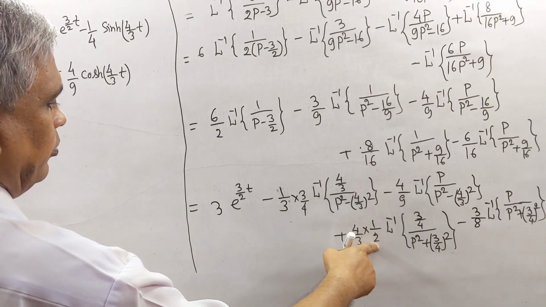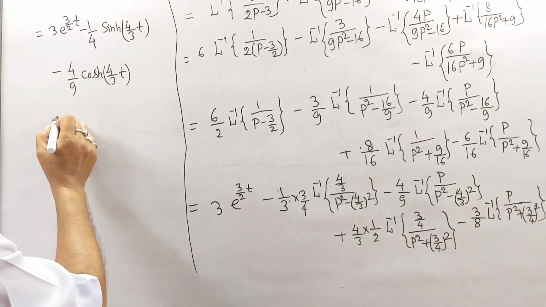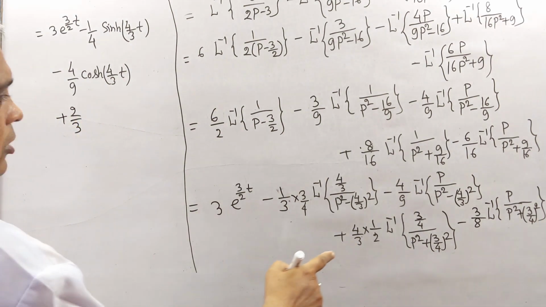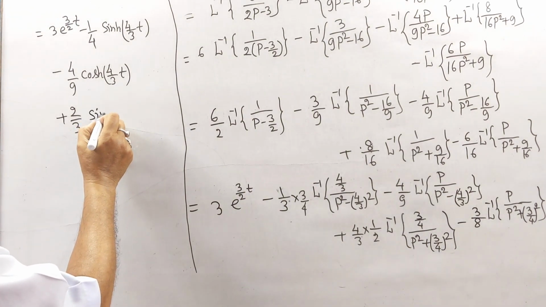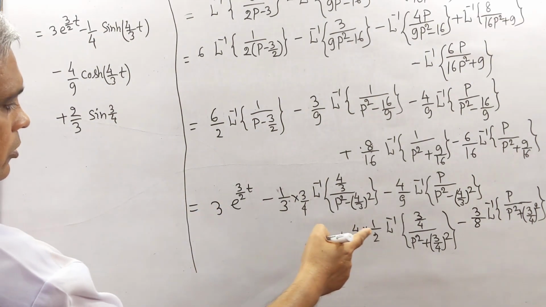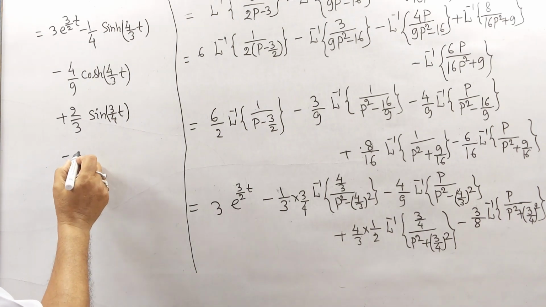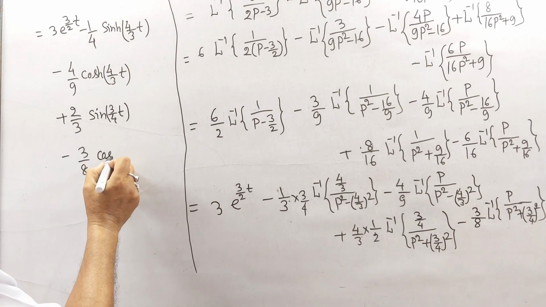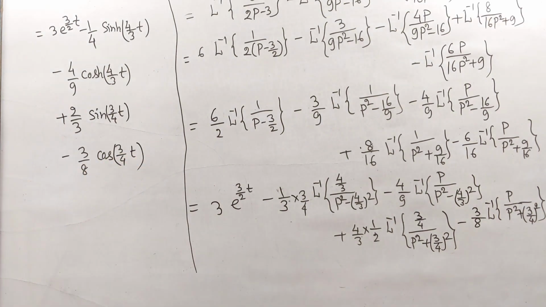This is 2 by 3. Here cancel 2 by 3. Here sine 3 by 4 t, minus 3 by 8 cos 3 by 4 t. This is the required result.